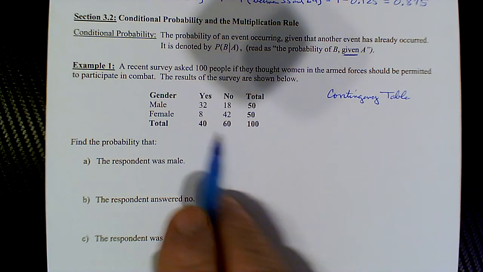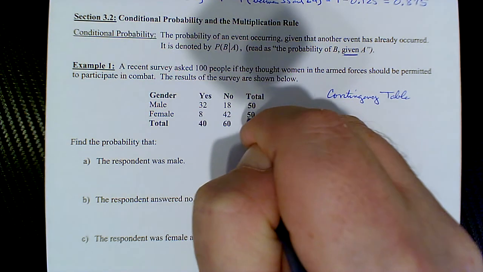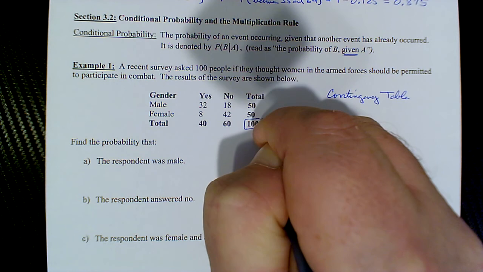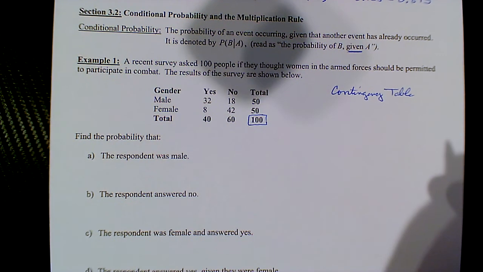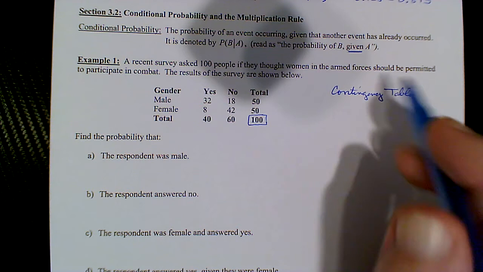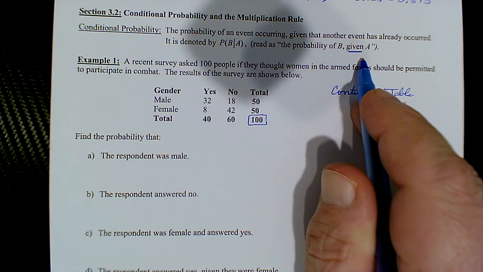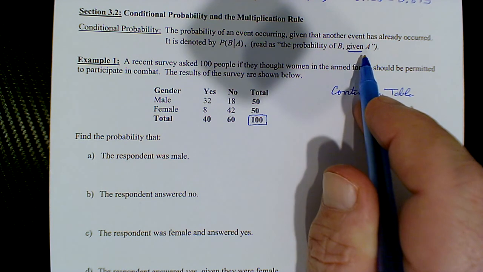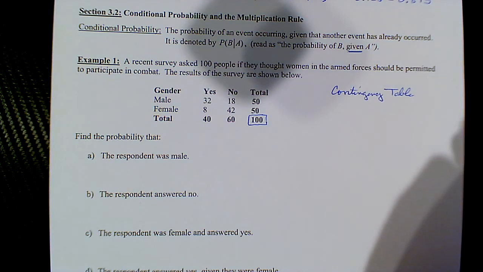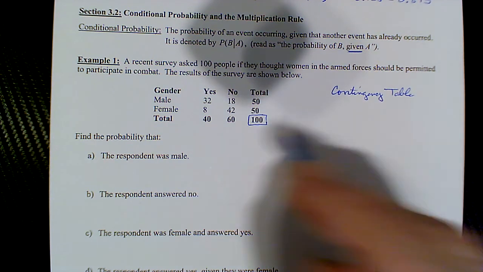And then always check that the sum of the rows is equal to the sum of the columns. That's your grand total in the lower right. Now, before we get to the concept of conditional probability and the idea of an event already occurring, the given, we look at some basic ones.